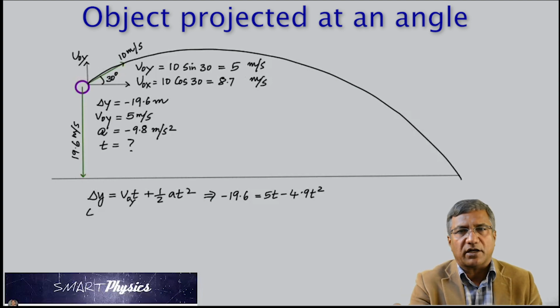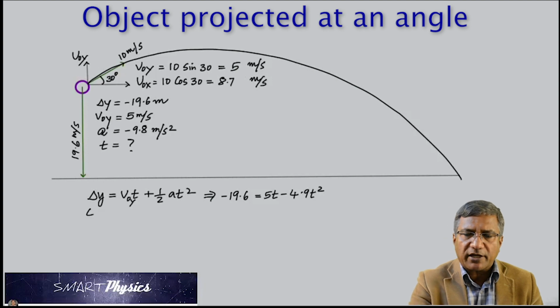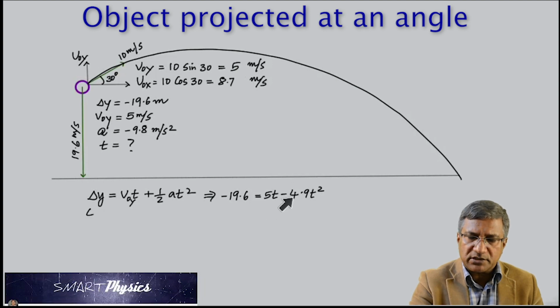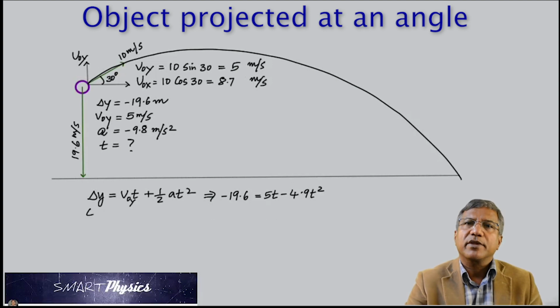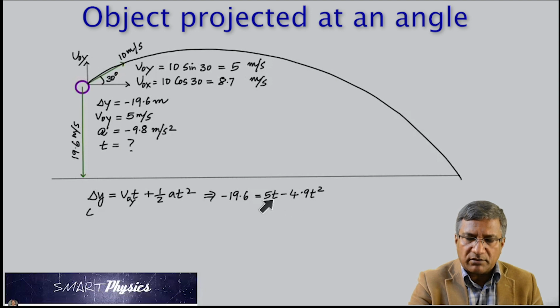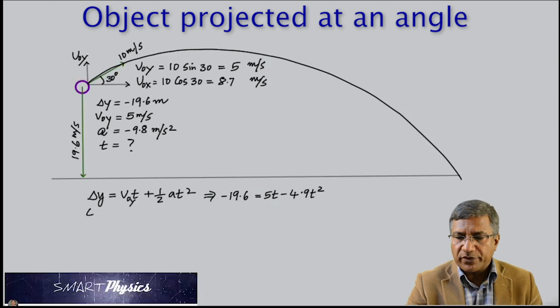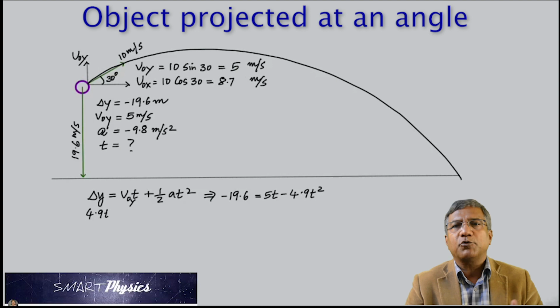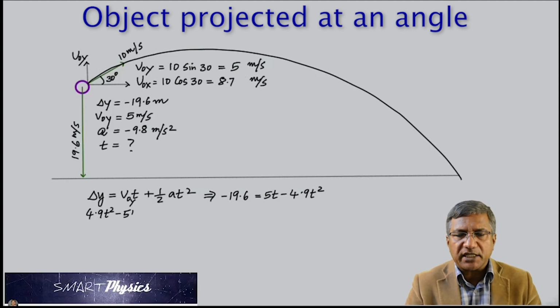So you're going to get a quadratic equation here. Carefully, you have to arrange all of them onto one side. So I'm going to take both of these to the other side, which means the signs on both will change. So it'll become plus 4.9t squared minus 5t minus 19.6 is equal to 0.